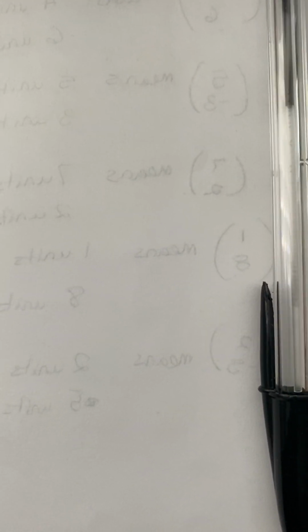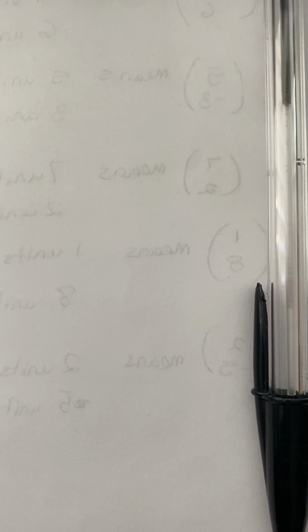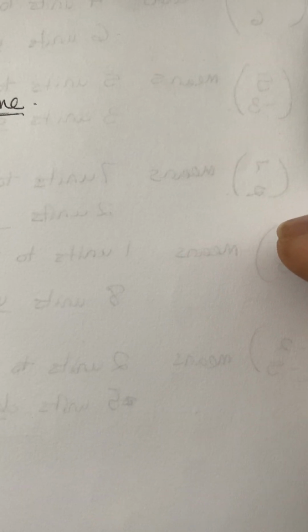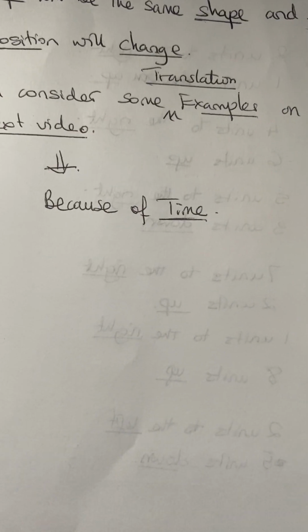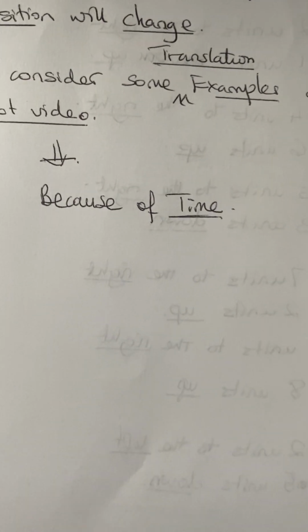All that will change is the position. The size will not change. It won't be turned upside down. You've just moved the image. It's like picking a box from one end of a room to the other end.